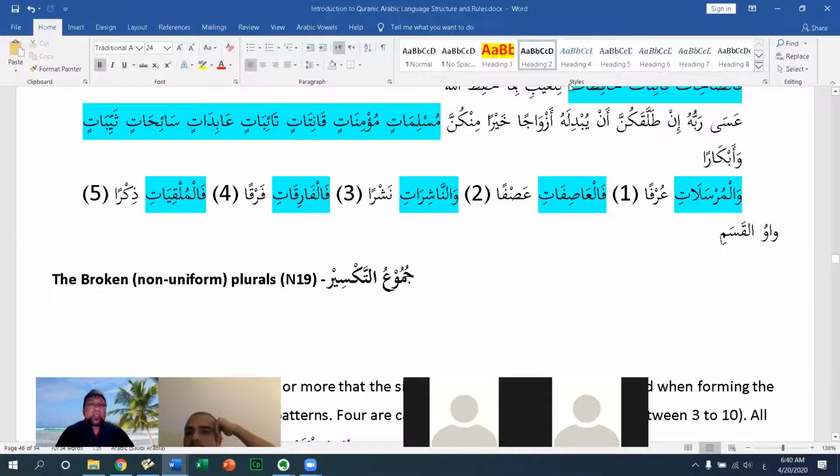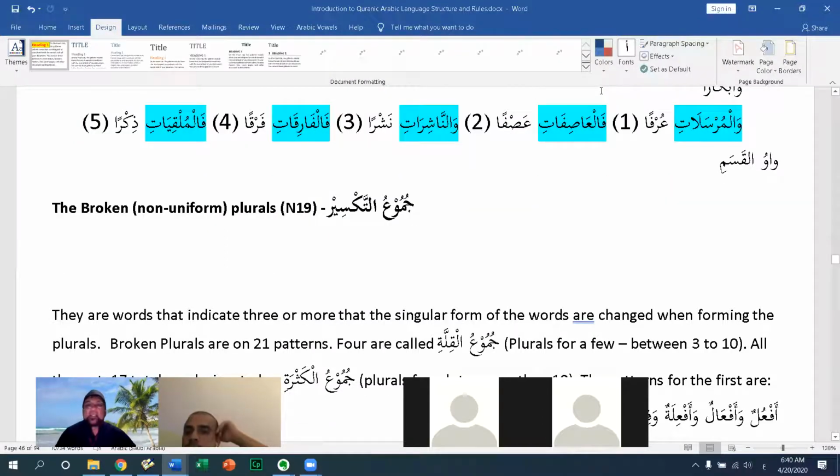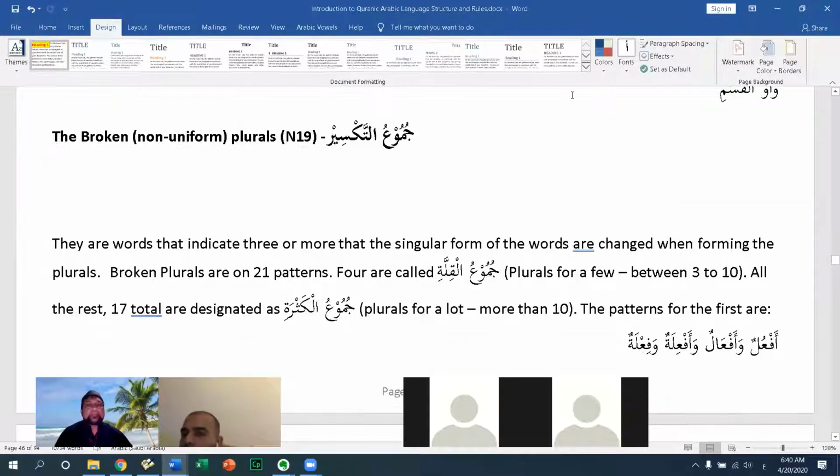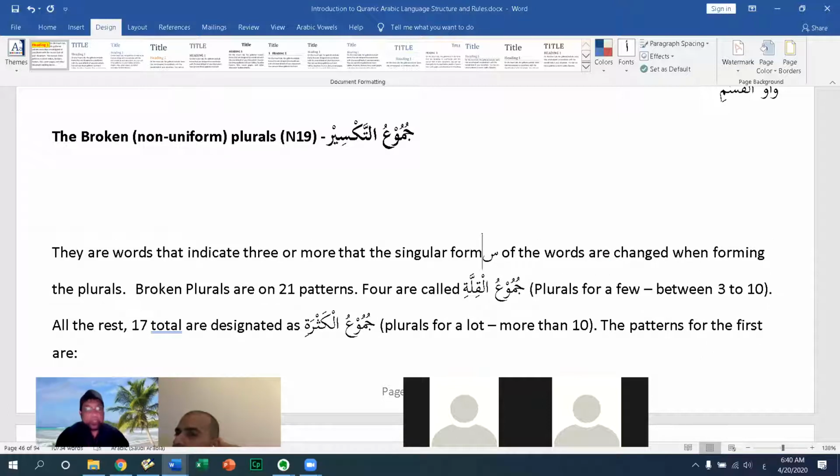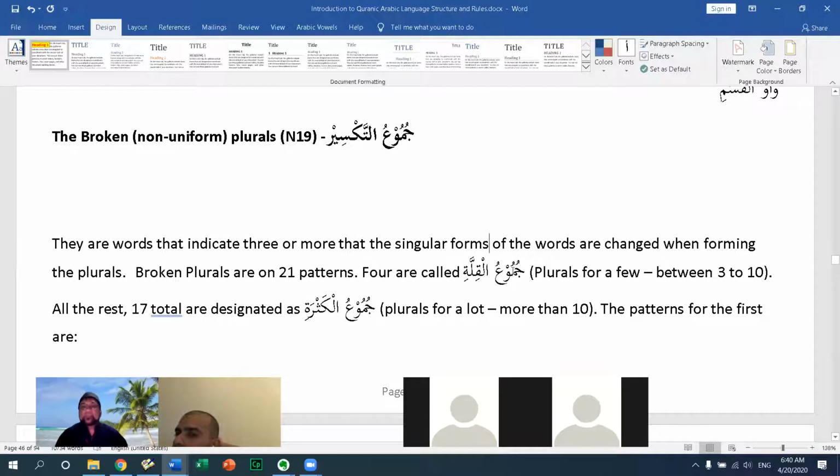It's different. How many broken patterns are there? There's a ton of them. Here I mentioned 21 of them. They are words that indicate 3 or more, that the singular forms of the words are changed when forming the plural.